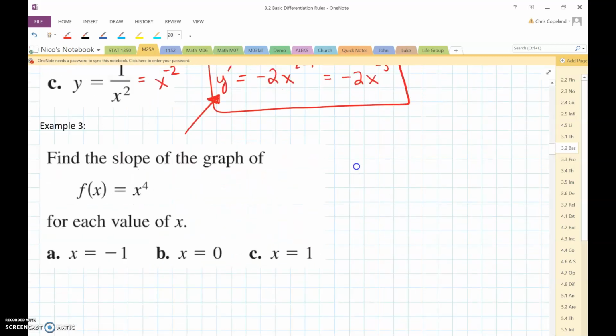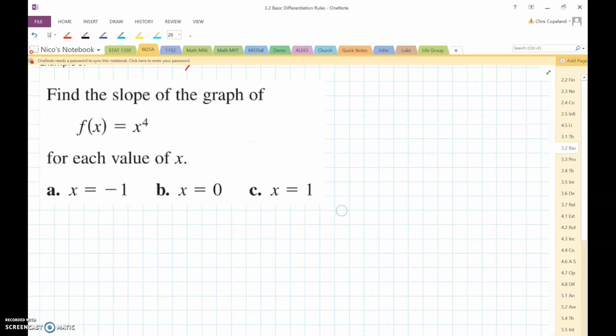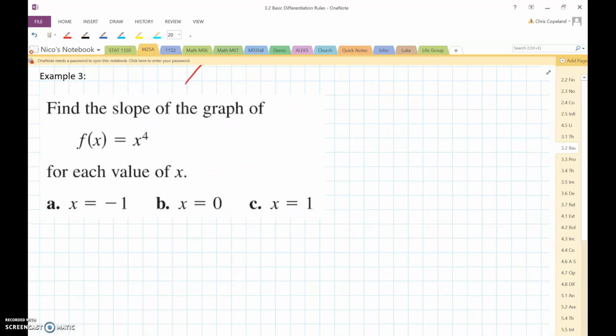Let's look at example 3. Example 3, find the slope of the graph. So we've got f of x equals x to the fourth for each value of x. So I want you to find the slope for each of these. So let's look at A. First of all, I need to find f prime of x. So this power rule, once you have it memorized, it's pretty easy.